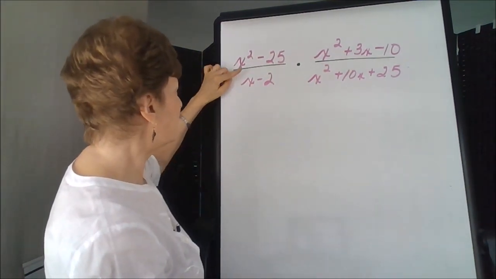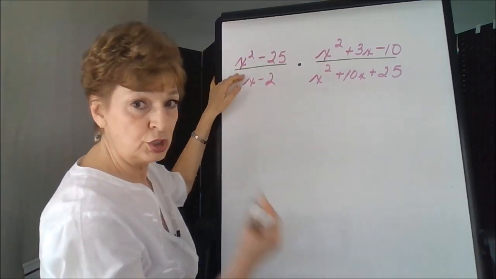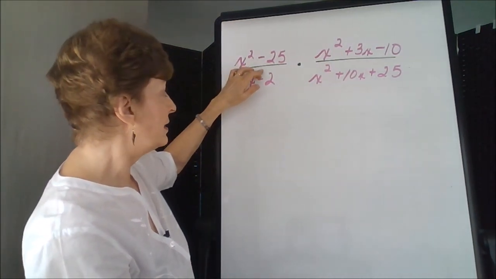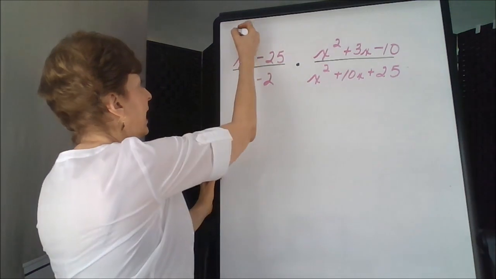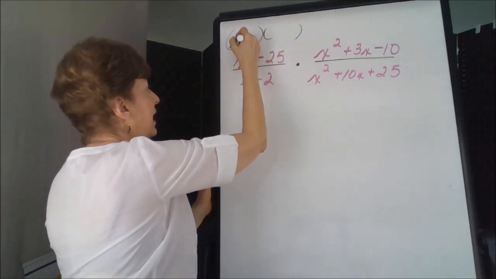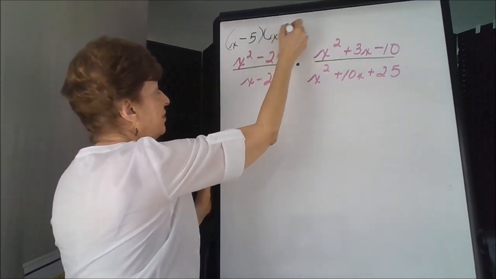So in this case, x squared minus 25, it's a 2-term event. So you should be thinking, in this case, the difference of squares. And that factors, according to our rules, as x minus 5 times x plus 5.